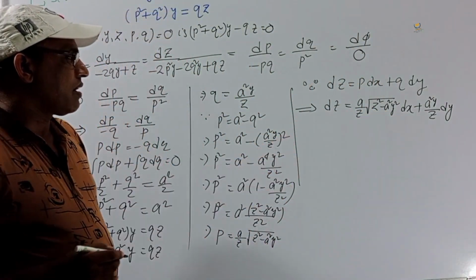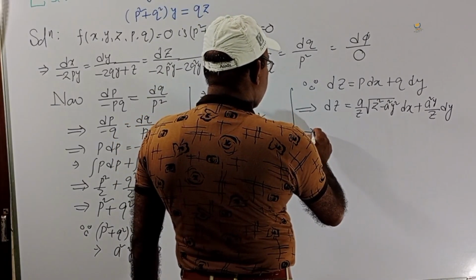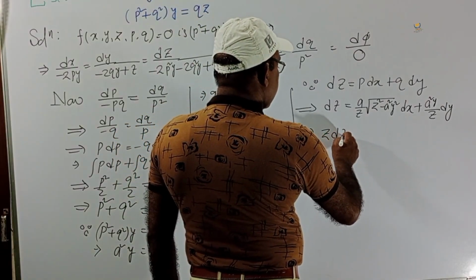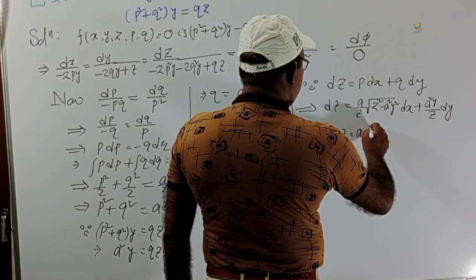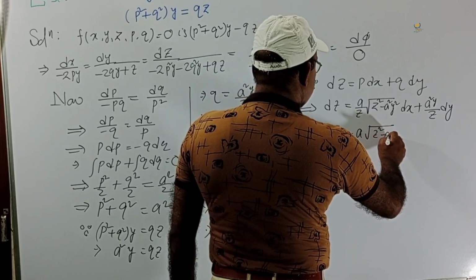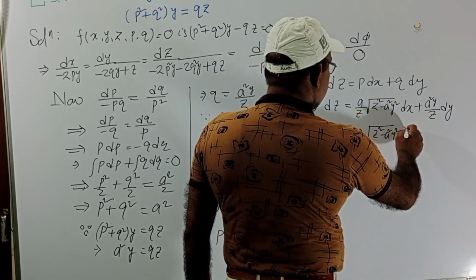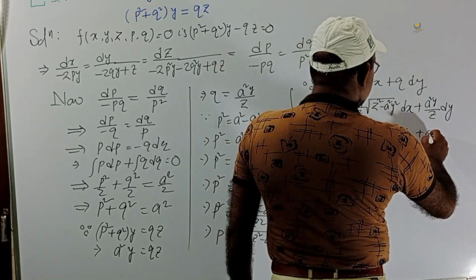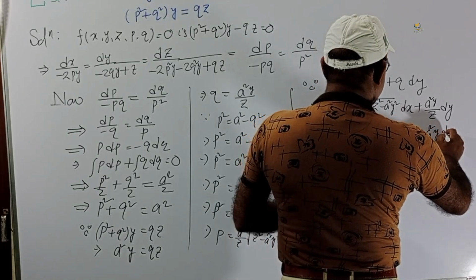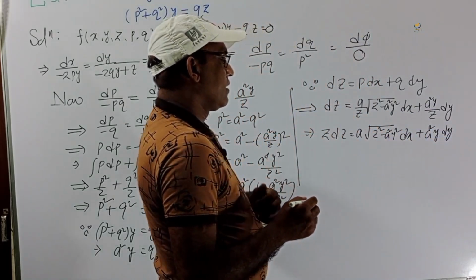So multiplying both sides by z, then z dz equals a root over z square minus a square y square dx plus a square y dy, we get this one.